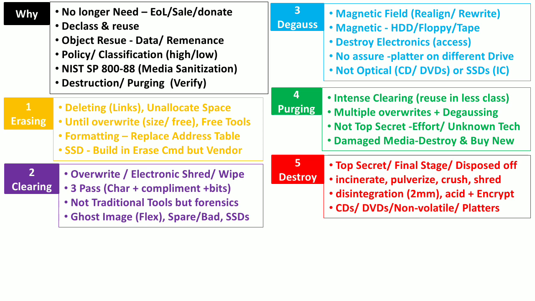Now, in destruction, we perform separate destruction of CDs, DVDs, or memories, that is RAM, and the disk platters, that we take these things out from the system and then we destroy these things separately.